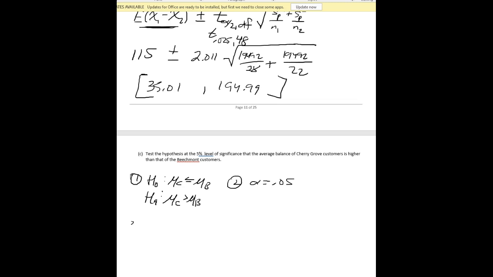Step 3, what is our test statistic? Because we don't have a sigma, and because we are two sample, we're going with the two sample t-test.